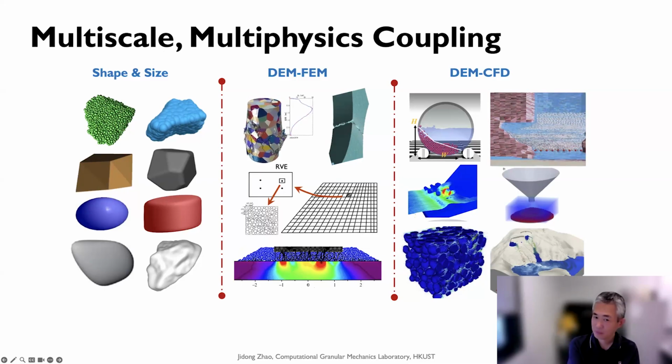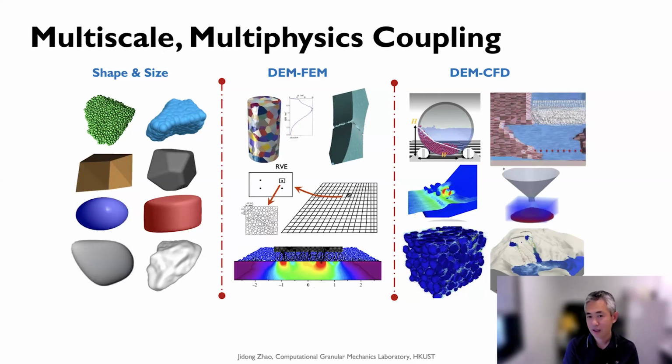Also, beyond the particle scale, you need to consider the engineering scale: how we can relate the particle-scale behaviors of the granular material to engineering performance, like an engineered slope, or the railway track here. Those are other multi-scale features.